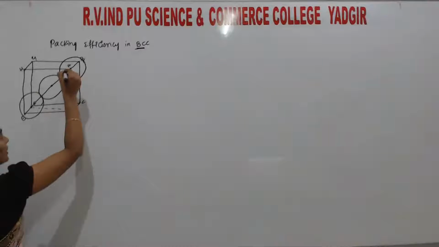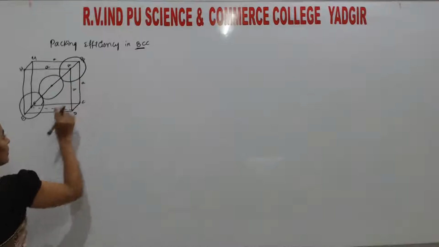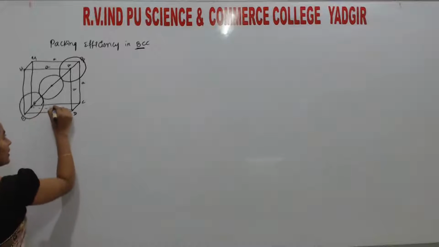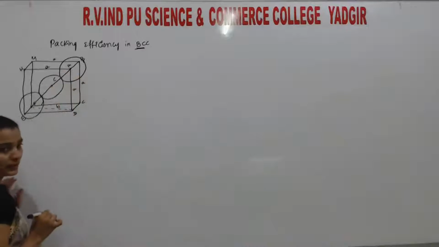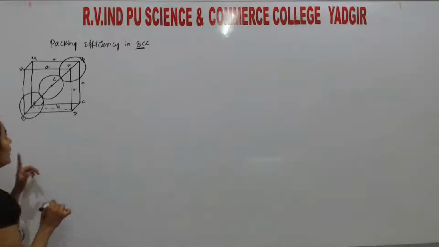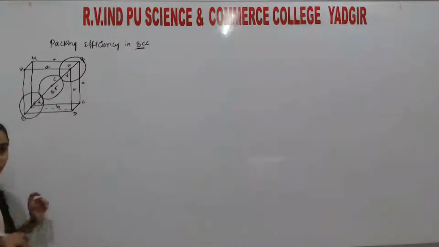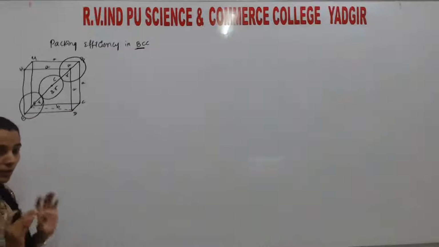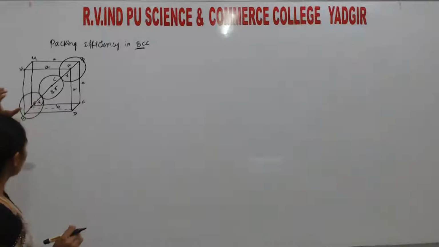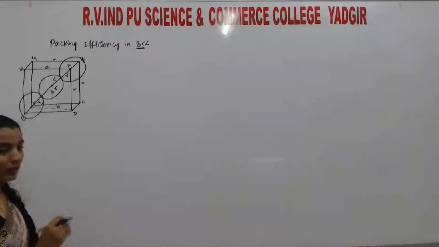Take the edge length as a. This is the face diagonal b. This one is the body diagonal c. Then the radius r, 2r, r. This is the diagram, and diagrams are very important, because if there is no diagram, we cannot do the derivation.